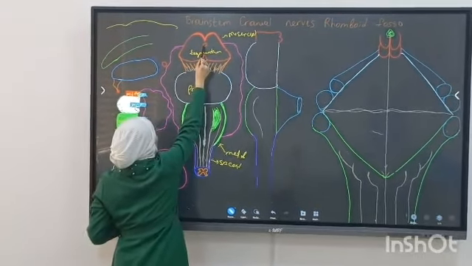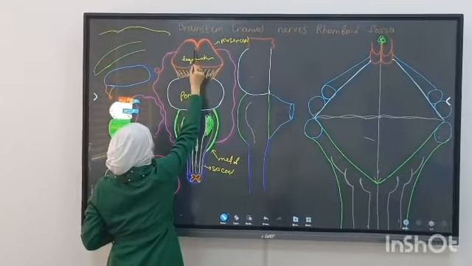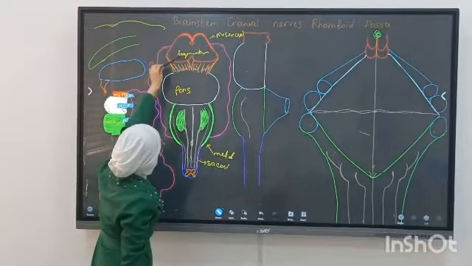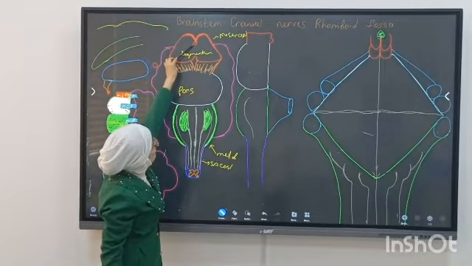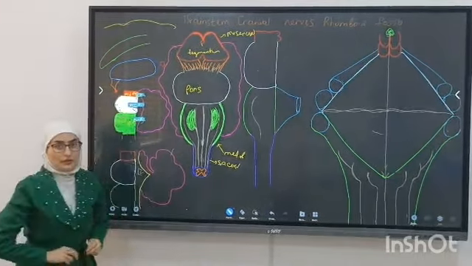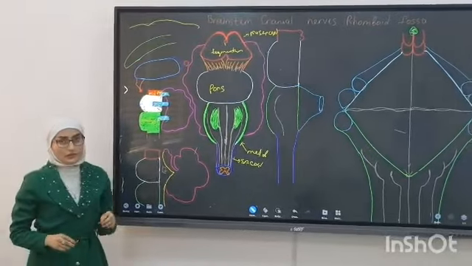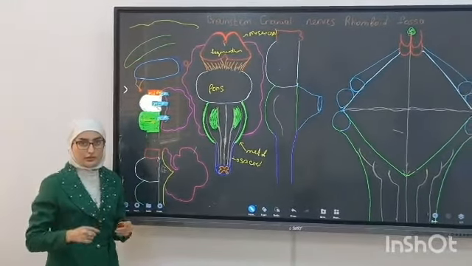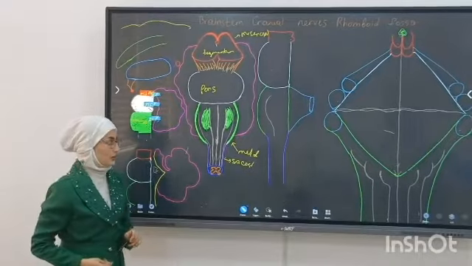The hole on the back side is the aqueductus cerebri, which connects the third ventricle with the fourth ventricle.